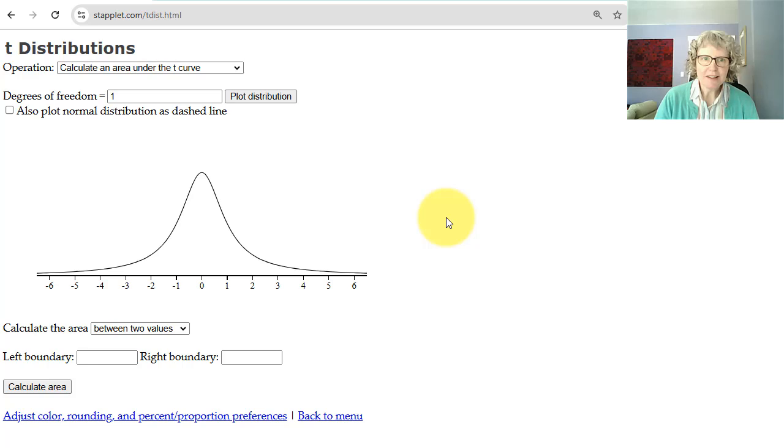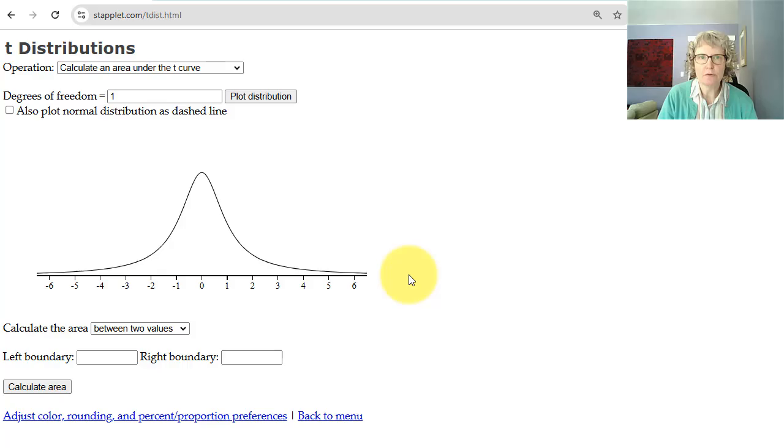Isn't that interesting? So it is unimodal, kind of bell-shaped, but it's more spread out and wider at the tails, right? In a normal distribution, you're getting down to the x-axis at about 3 or a little before, and here this is way past 6, okay? So what it does is it puts more area in the tails for smaller sample sizes, okay?